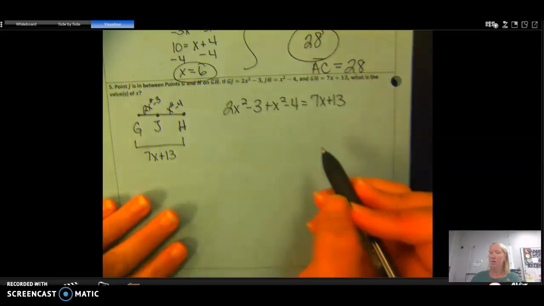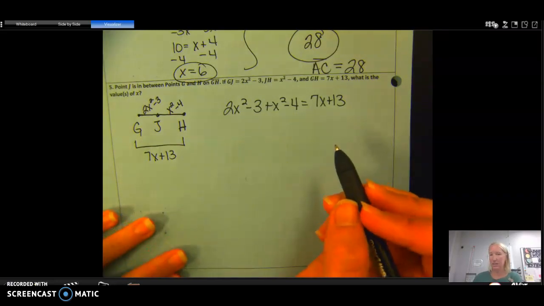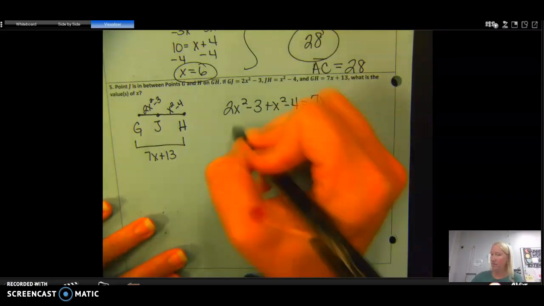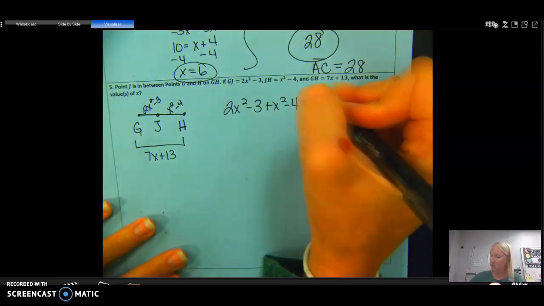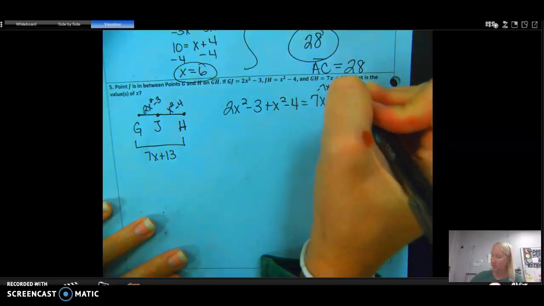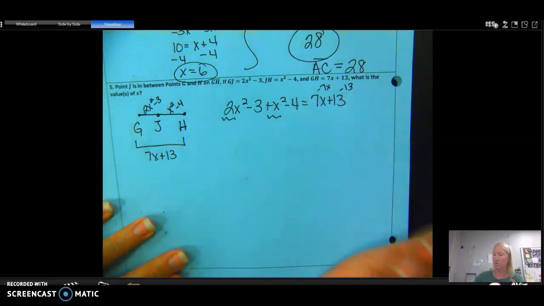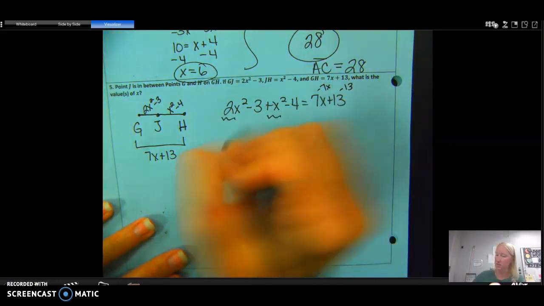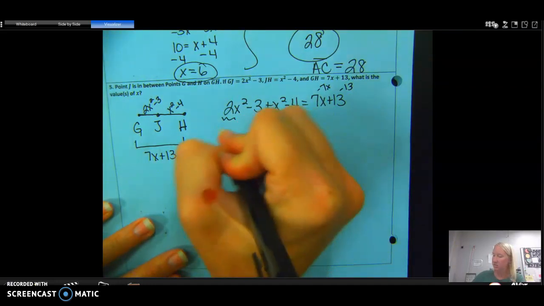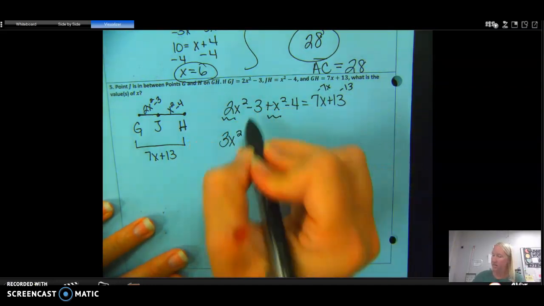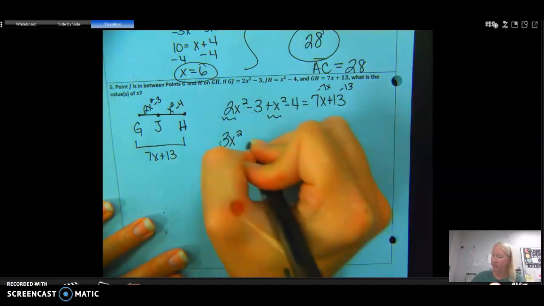Okay? So, hopefully you've tried it at this point. I'm going to start getting everything to the same side to set it equal to 0. So I'm going to subtract 7x and subtract 13. I'm also going to combine my like terms of 2x squared and x squared. So 2x squared and x squared, that's a 1x squared, right? Gives me 3x squared. Negative 3 and negative 4 make a negative 7.